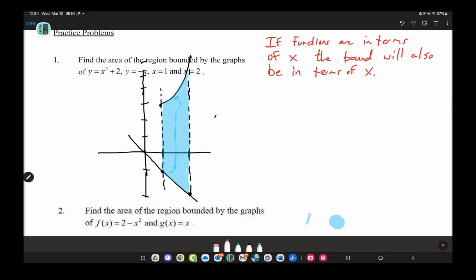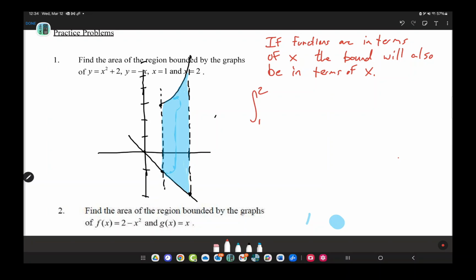So if this is f of x minus g of x, my bounds should be what? What are my x values here? 1 and 2. So I'm bounding this from 1 to 2. That's what's nice about this problem: I don't have to find my bounds, they were given to you.